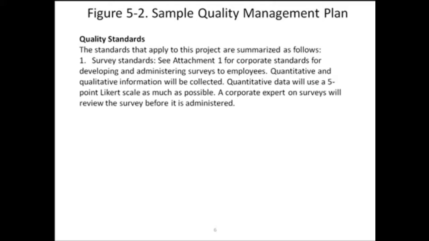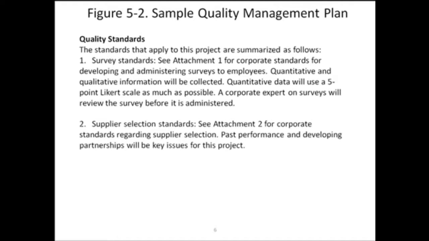So one of your metrics, one of the things that you're going to measure that's important to your project, needs to be listed here. Another standard that they're going to use is supplier selection standards. There again, they have a corporate standard regarding supplier selection, but they do mention that past performance and developing partnerships will be key issues for the project.